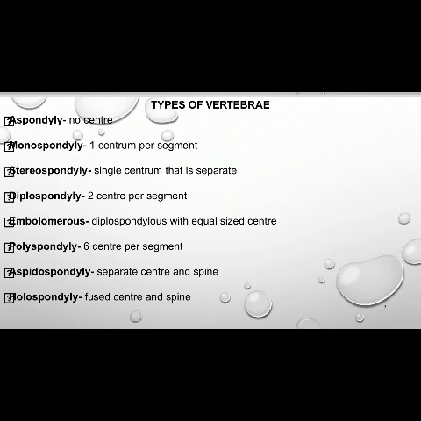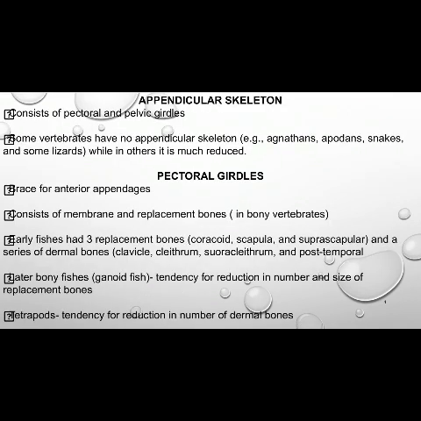You need to know that vertebrates have both appendicular and axial skeleton. Don't forget that. I have mentioned that before. The appendicular skeleton that you find in vertebrates consists of pectoral and pelvic girdles.